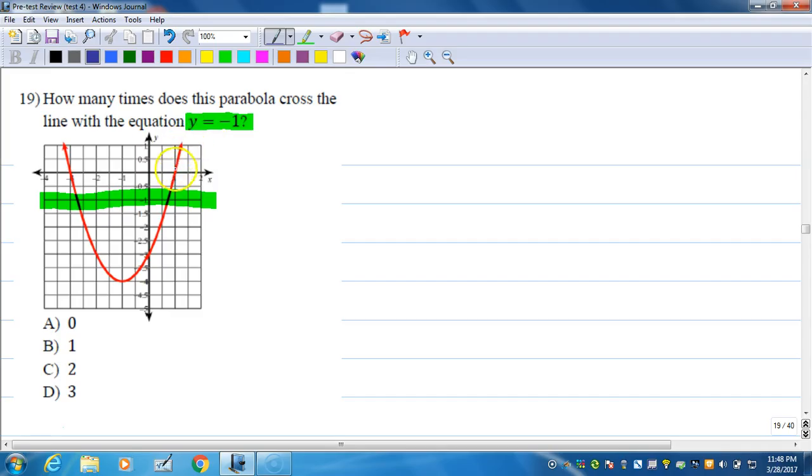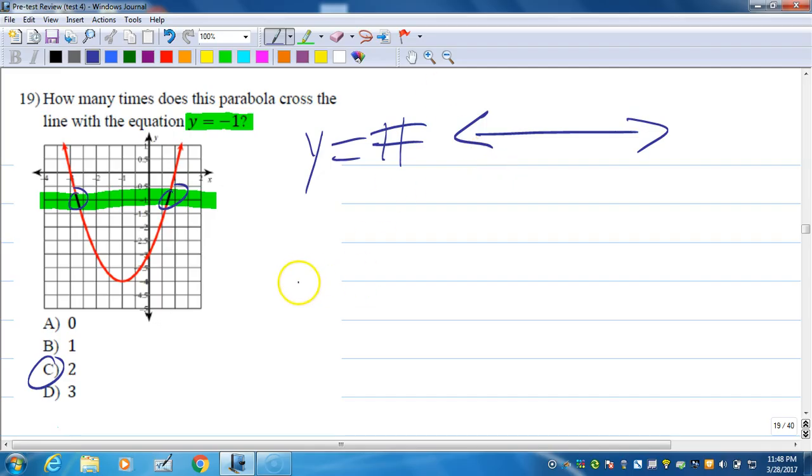So how many times does the red touch the green? 1, 2. Answer is 2. As long as you know that y equals a number, those lines go side to side like this, horizontal. X equals a number, those lines go up and down, vertical.